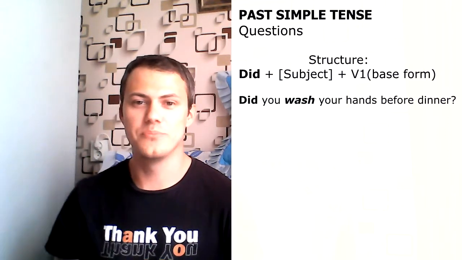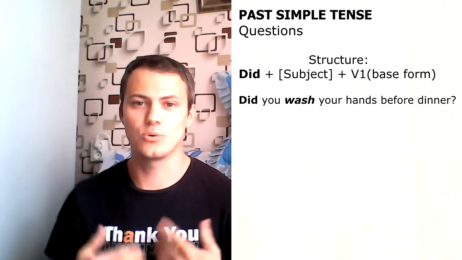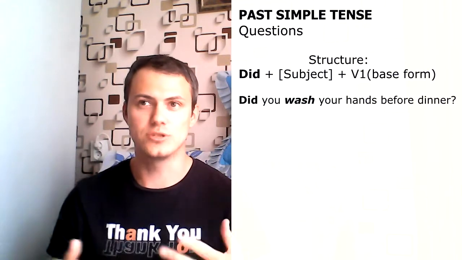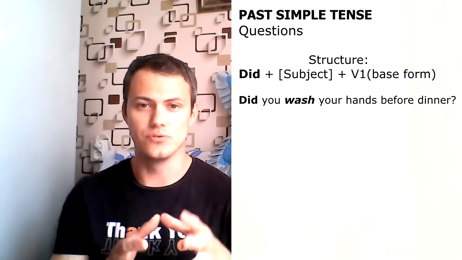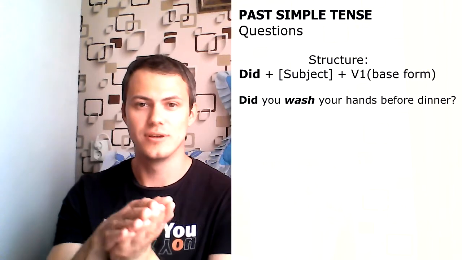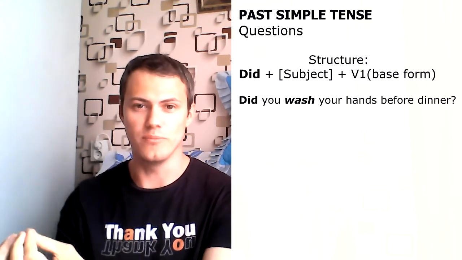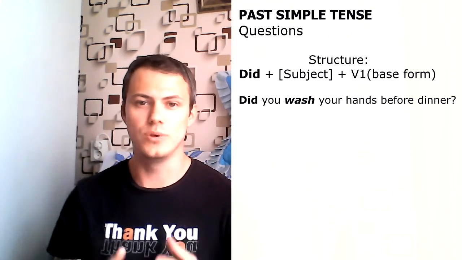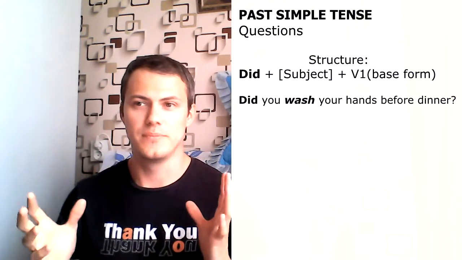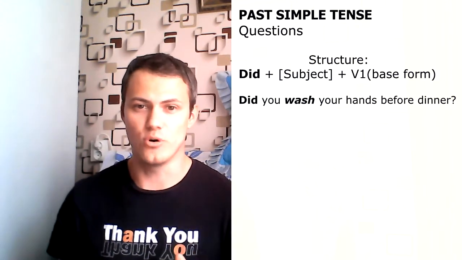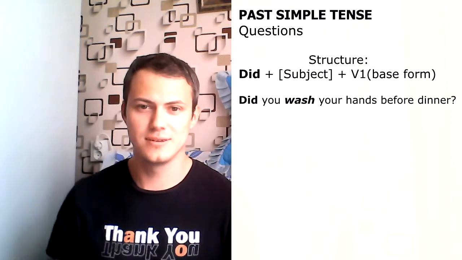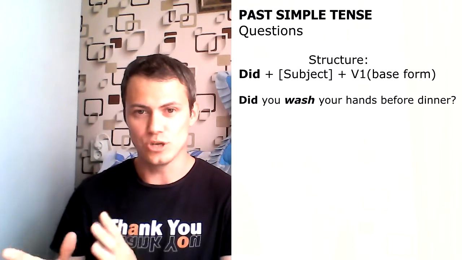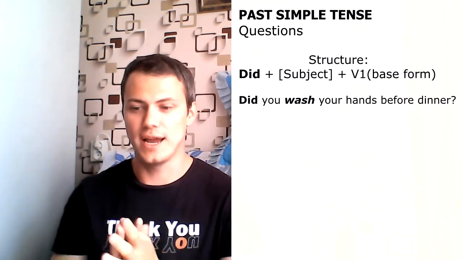When we make negative sentences and questions using the past simple tense, we transform the auxiliary verb do in its past form, did. But the main verb we must use in its base form. So, okay, you got it? I hope you get it. Did you wash, not washed. Did you wash your hands before dinner?